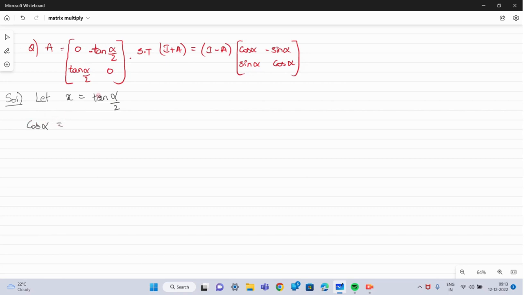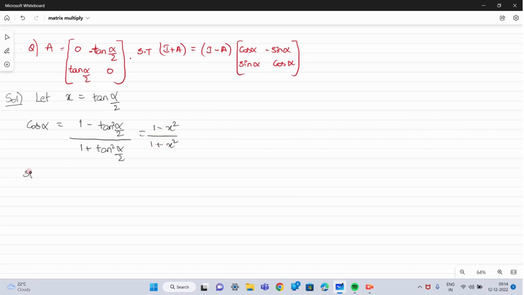It is 1 minus tan square alpha by 2 over 1 plus tan square alpha by 2. In place of tan alpha by 2, write x. You'll get 1 minus x square over 1 plus x square.